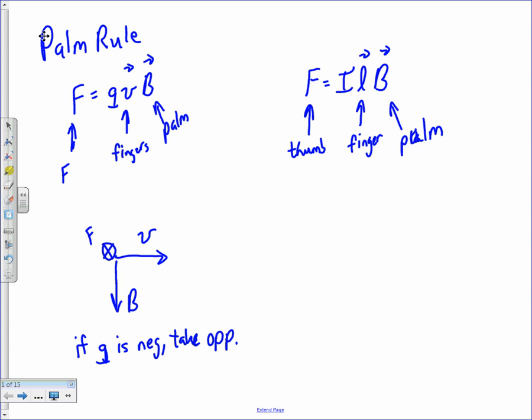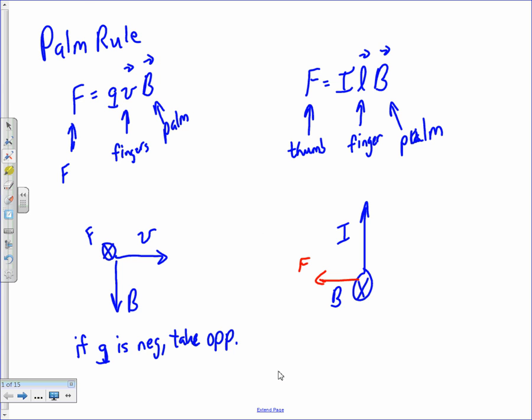So if I have a current that is up and a magnetic field that is into the page, fingers in the direction of I, the magnetic field comes out of your palm, so your hand would go like this because the magnetic field is into the page, and so the force is to the left. Okay, that's the palm rule, and that comes in a couple different places.